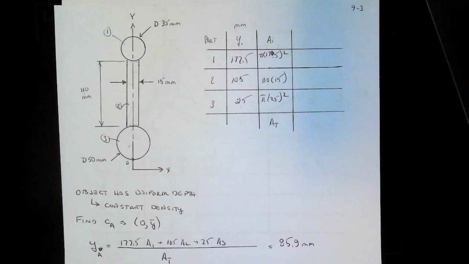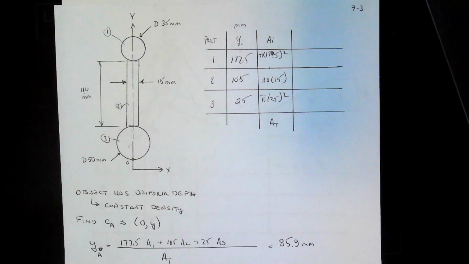Now here's another one. I took this out of the text, former edition, maybe still in the new edition. I have no idea because I am way too lazy to go look in the book. I just don't care. So we have this doohickey where we're told this object has uniform depth into the page and constant density.